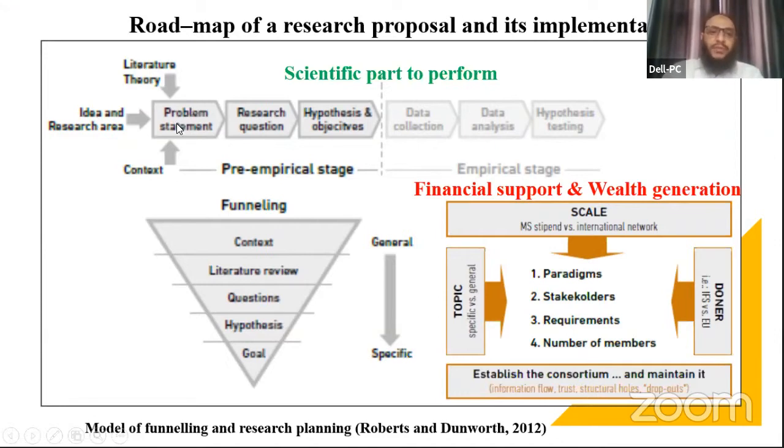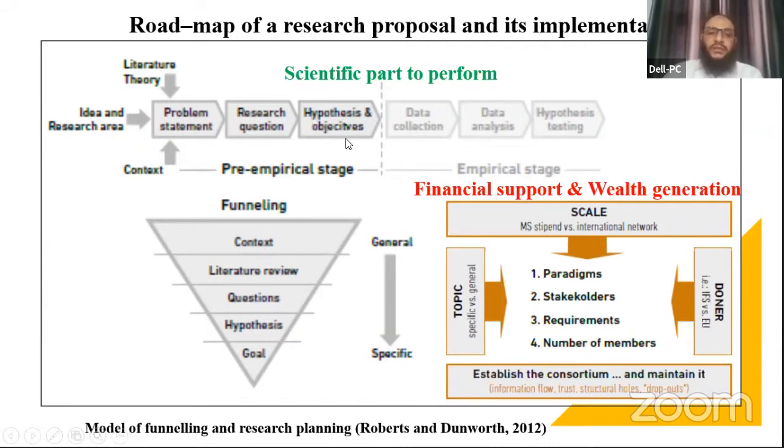Then the problem or idea which I have generated has to generate a research question. And when these research questions are generated by a proposer, there should be some hypothesis behind the problem. So we have to generate our hypothesis and objectives on how to solve these hypotheses.